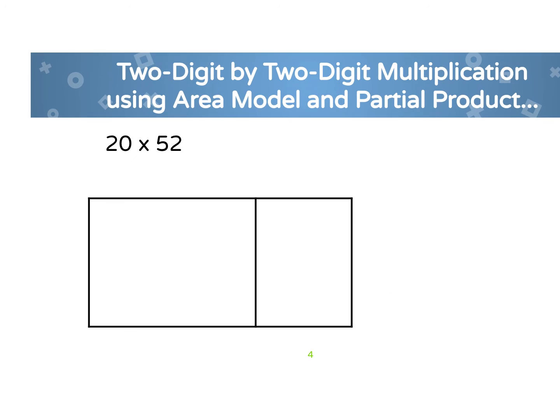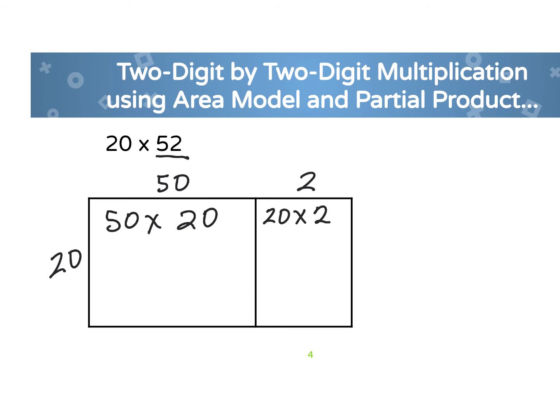Here we have another two-digit by two-digit multiplication problem. We're going to break apart 52. So over here we have 50 and 2, and then we have 20 on this side of our area model. So we have 50 times 20 in this area model section, and over here we have 20 times 2.